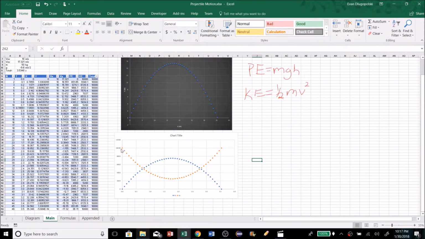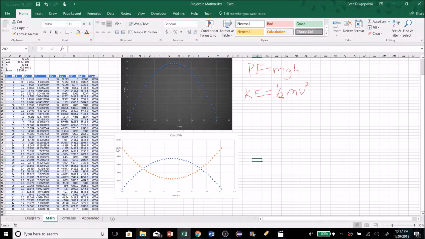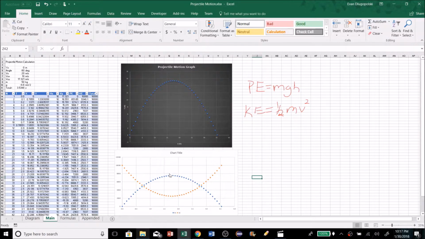But the kinetic energy, because it's just been accelerated in an absolute instant all the way up to our initial velocity there, 20 meters per second, the kinetic energy at that point is all the way up to 10,000 joules.